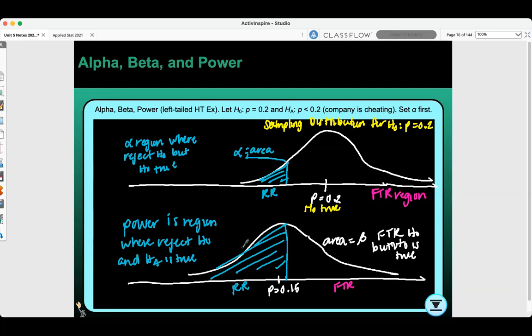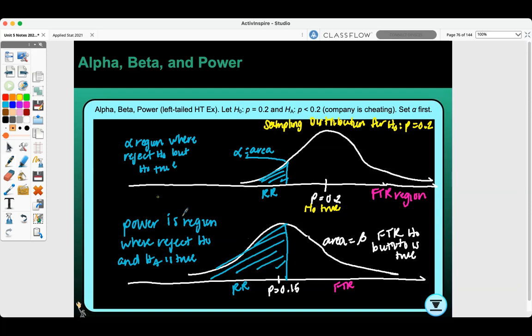And this is the sample distribution for our alternative hypothesis, p equals 0.15, when our alternative is true.